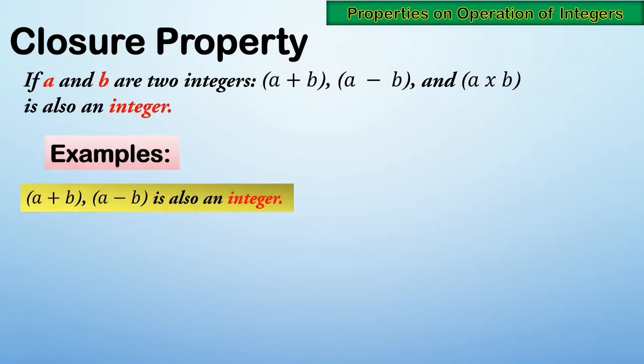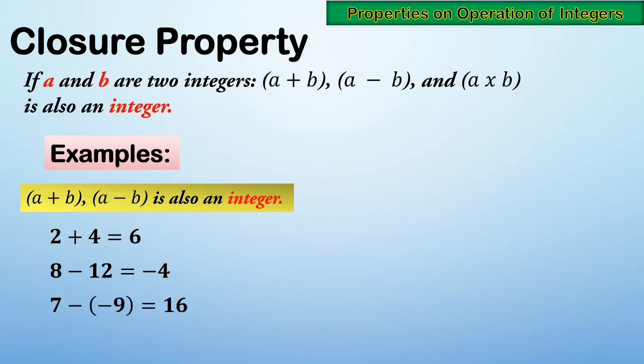Example, for A plus B or A minus B is also an integer. 2 plus 4, 6. 2 is an integer, 4 is an integer. Ang sagot integers, which is 6. Another one, 8 minus 12. 8 is an integer, 12 is an integer. Ang sagot negative 4, which is also an integer.